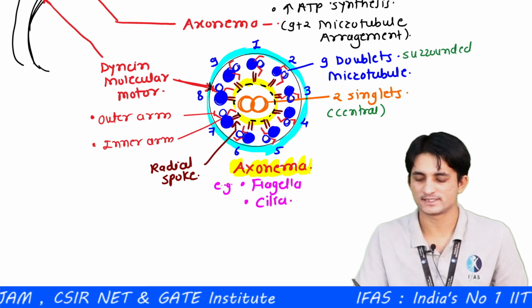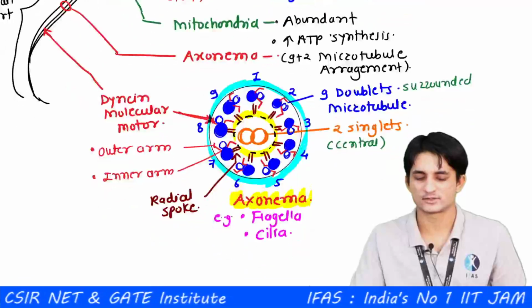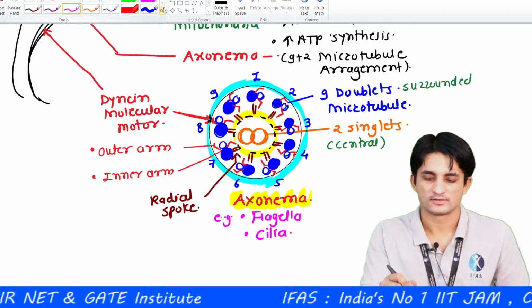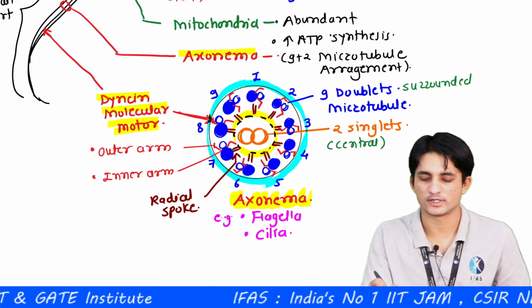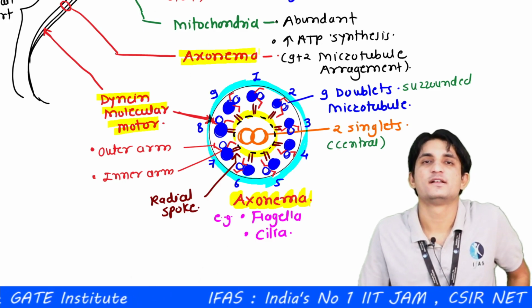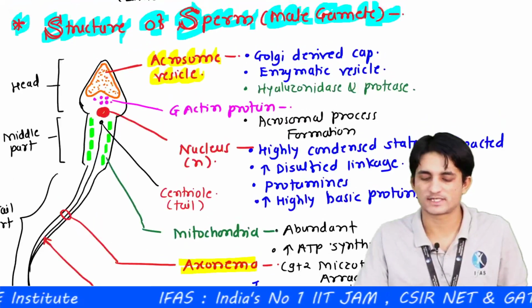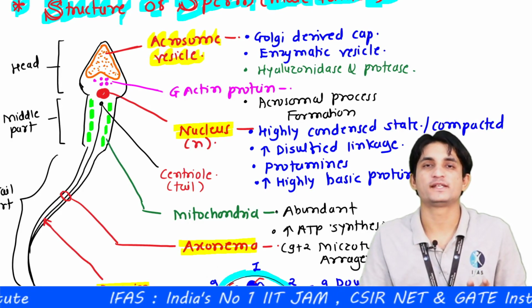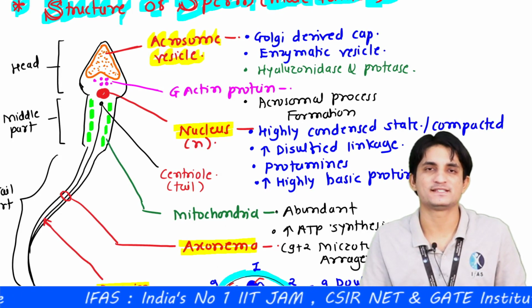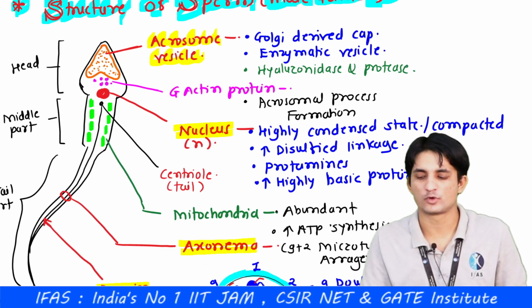You have discussed this in cell biology, and now here we have discussed it again. In the axonema there is the presence of dynein molecular motor. So this is the structure of the sperm that we have discussed. We discussed the acrosome vesicle, which is a Golgi-derived sac containing enzymes, including hyaluronidase, which digests proteoglycans, and proteases.